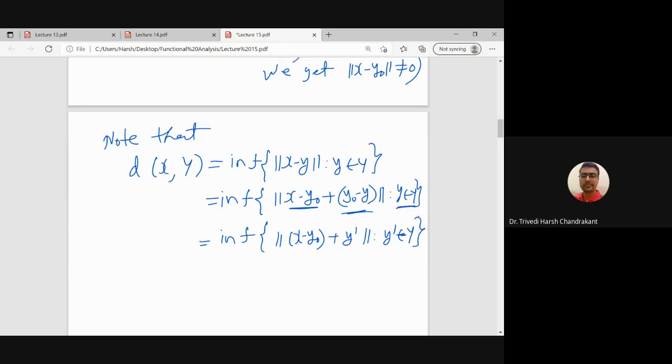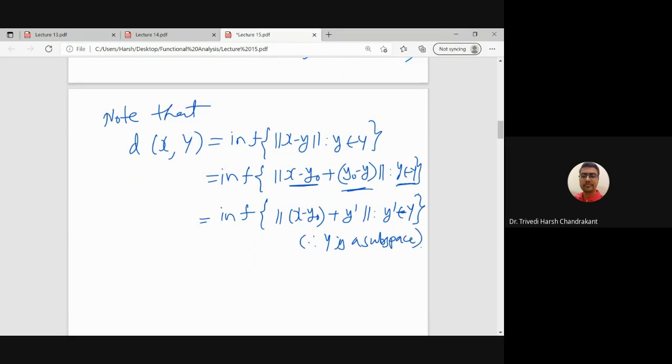So again here we are using that Y is a subspace. Y is a subspace means basically y naught plus Y is Y. Right, so this is a property of quotient space that we use here.